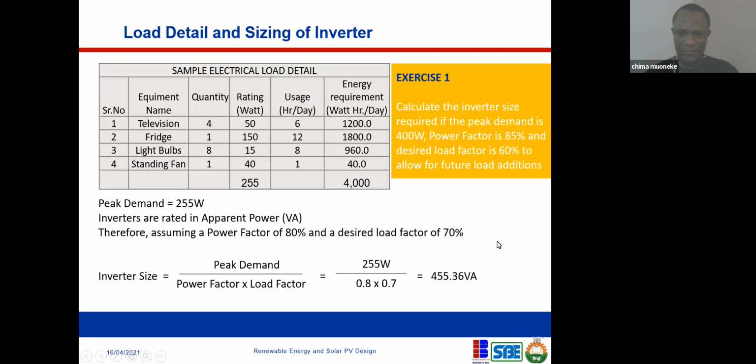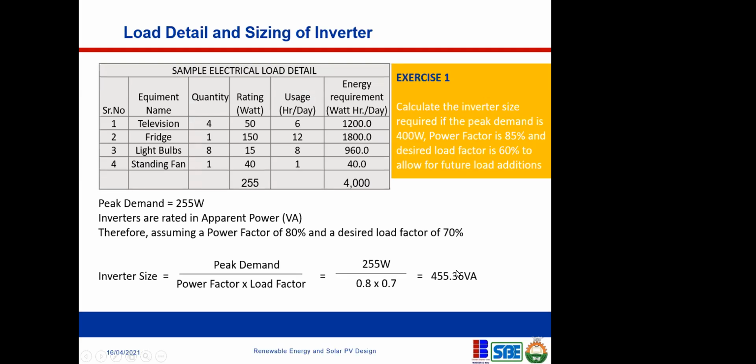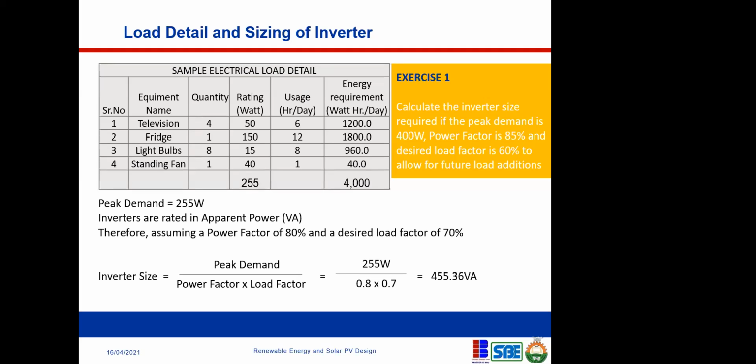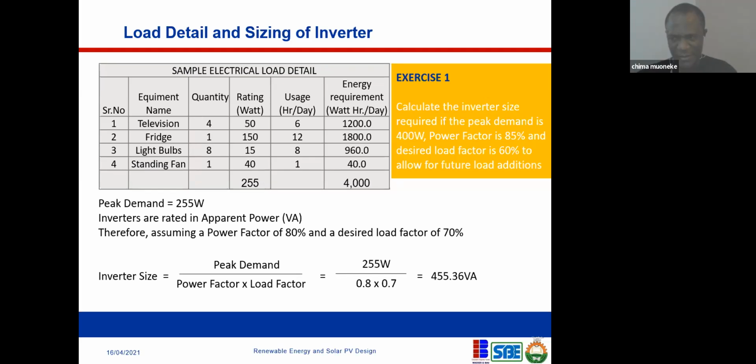Okay, now in this exercise number 1, you were talking about a customer who wants his load factor to be 60%. The question is this. The reason for doing this is that the load factor may increase if his load demand is going to increase in the future, correct? Correct.